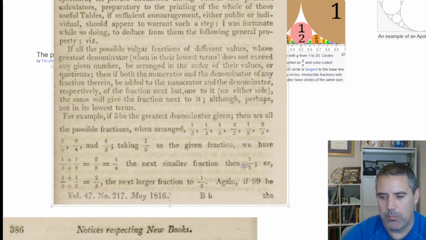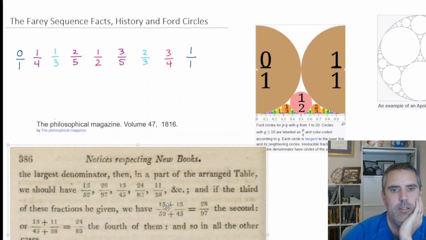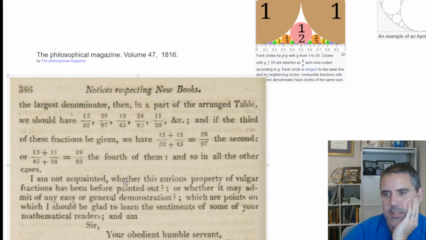And that was page 1. Page 2 is just a little bit longer. It was just a few more words. But he keeps going and does some slightly larger numbers, adds the numerators and denominators. He says, I'm not acquainted with this property, or whether it's easy to demonstrate.